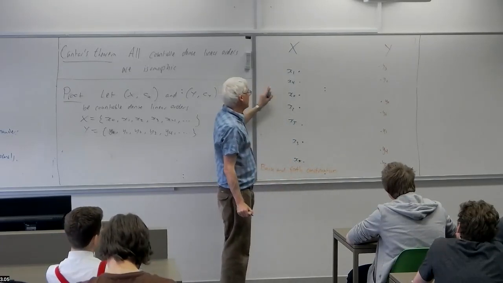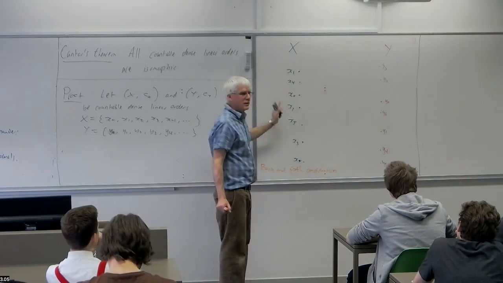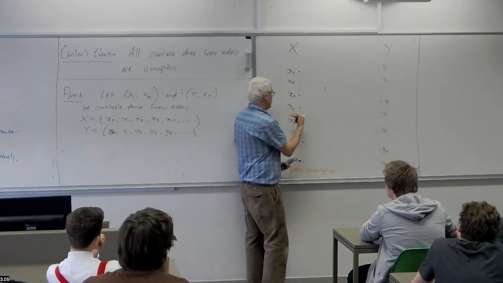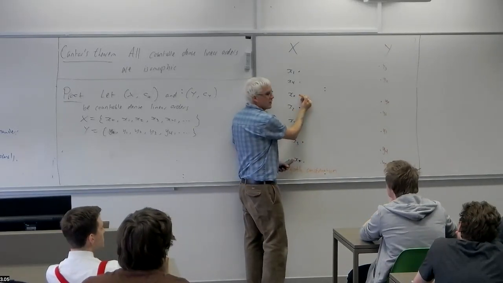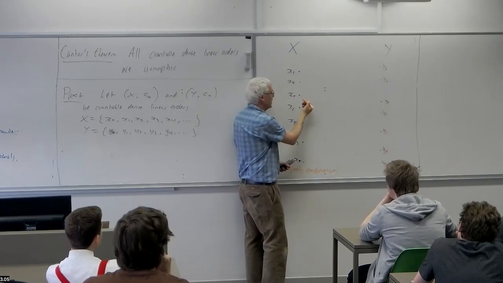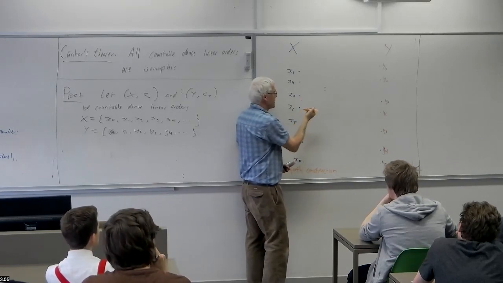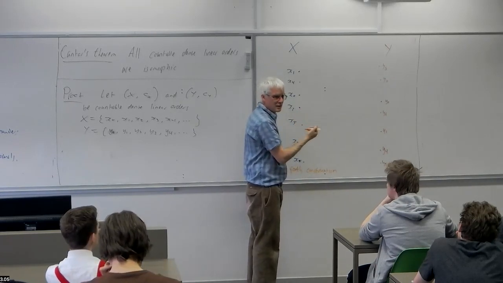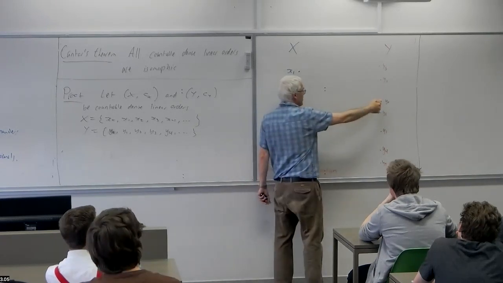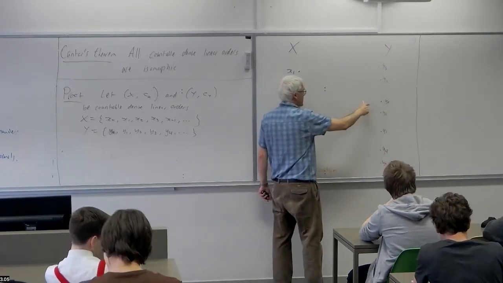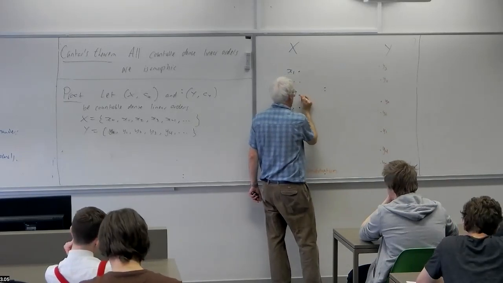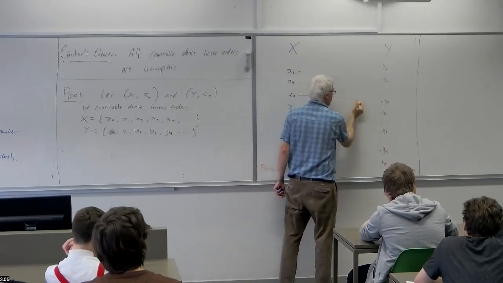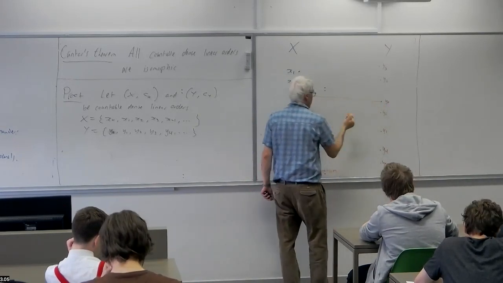So what we do is we alternate between sides X and Y. You start, for example, with X. You pick the first element in the enumeration that has not yet been chosen, and you match it with the first element in the enumeration on the right that is suitable as a pairing for this one. At the moment, anything is suitable. You'll see what suitable means. It basically means that we preserve the order, so we map X0 to Y0.